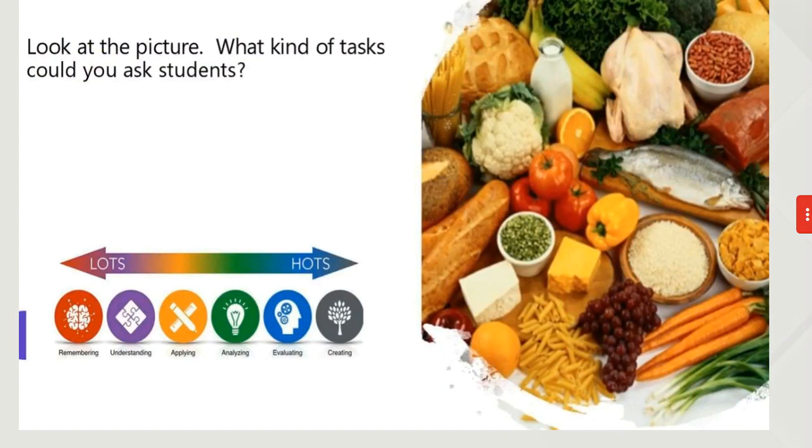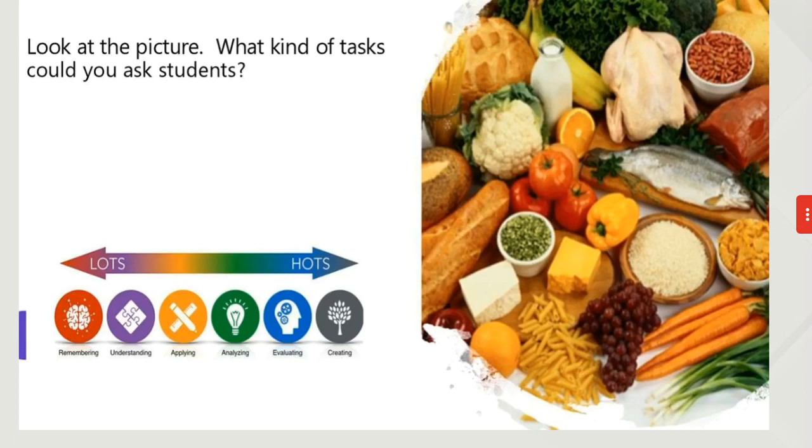And at the bottom, we have the 6 levels from Bloom's taxonomy to help. I do believe that there's a handout that Alan will have uploaded to the webinar. So hopefully you'll be able to download a handout of Bloom's taxonomy.